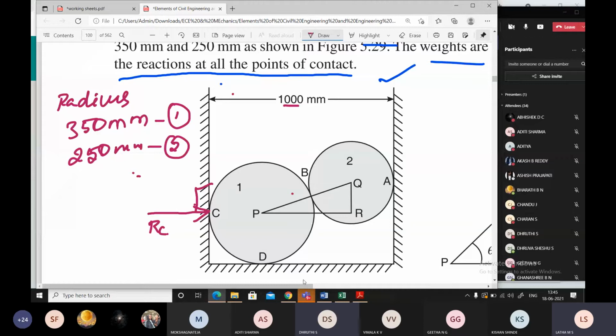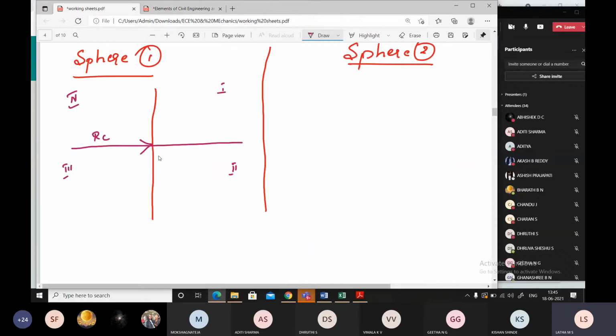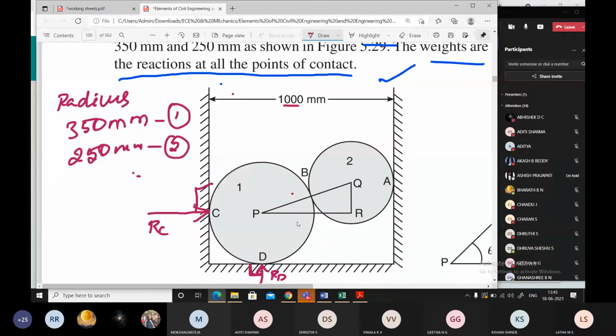How will it act? Perpendicular to the plane. So how should I transfer it to the free body diagram? Vertical, ma'am, upward, along the y-axis. It has not been resolved; it is vertical. That is RD.